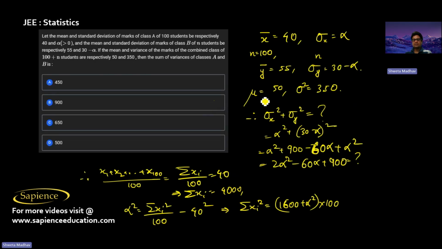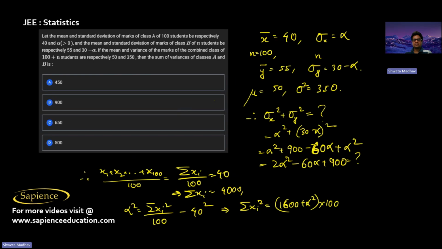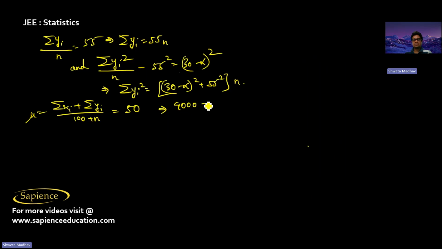Now therefore mu is given as (summation xi plus summation yi) by (100 plus n). So that is equal to 50. Therefore I can say summation xi is 4000, so 4000 plus summation yi is 55n, divided by 100 plus n, that is equal to 50.